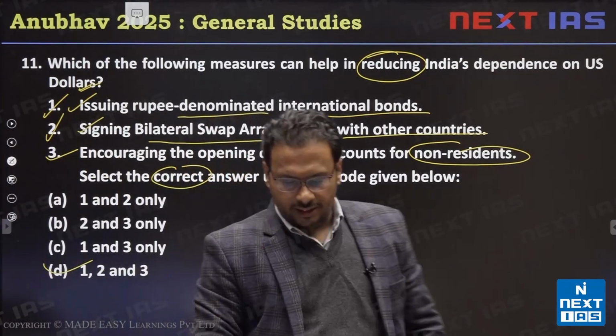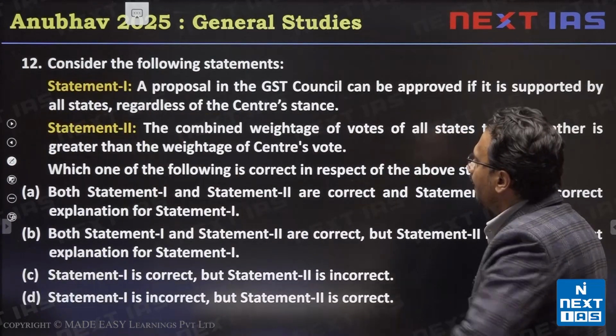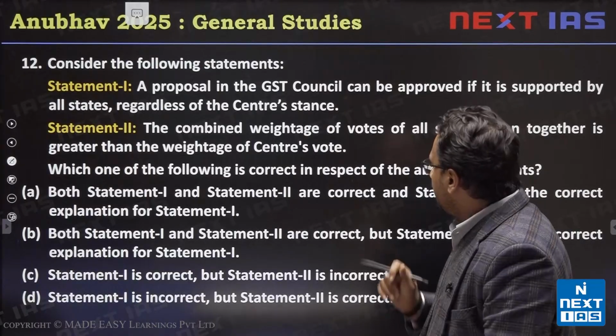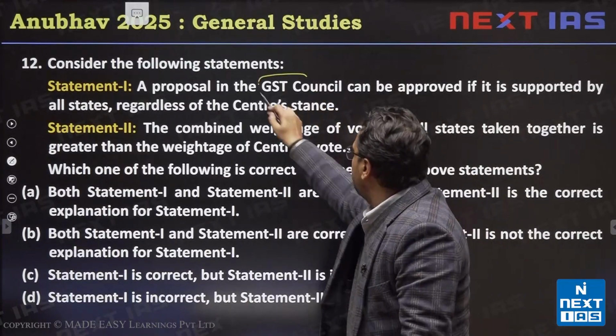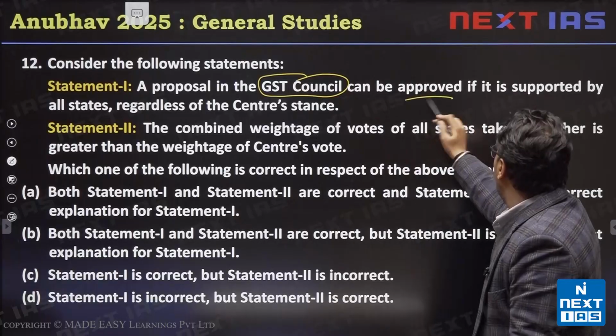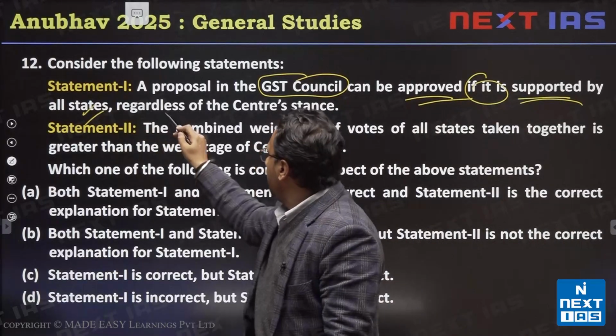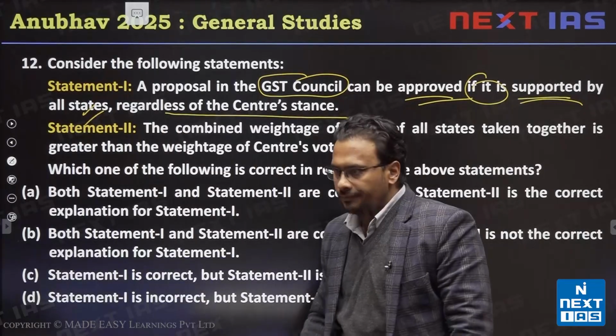Let's move to another question, question 12. Consider the following statements. Statement 1 says, a proposal in the GST Council can be approved if it is supported by all states regardless of the center's stance.